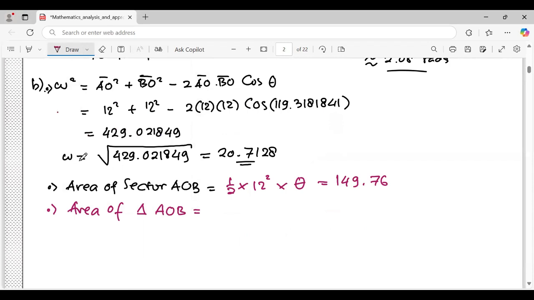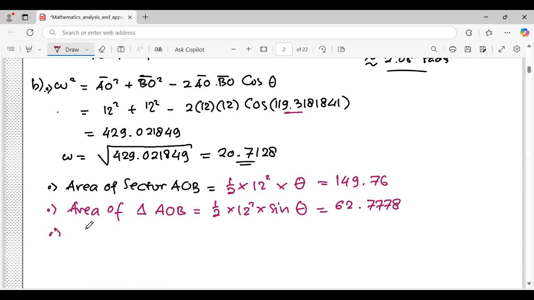Area of triangle is 1/2 times 12 squared times sine theta. Theta is this one, 119.3181841. And if you calculate, the result is 62.7778.